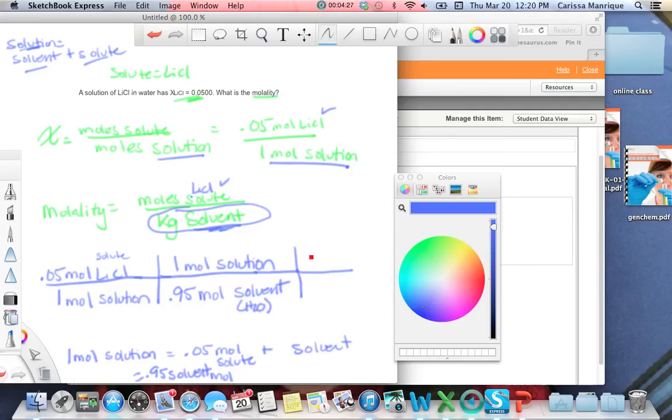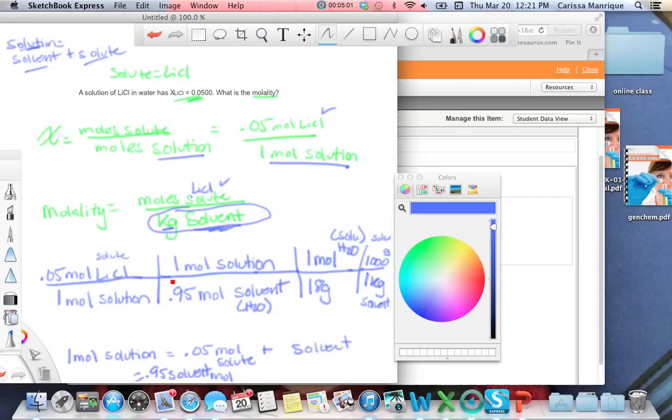So I know 1 mole of water, which is my solvent, equals 18 grams. Now remember, I don't want it in grams, I want it in kilograms, so I say 1,000 grams equals 1 kilogram, and that's of our solvent.